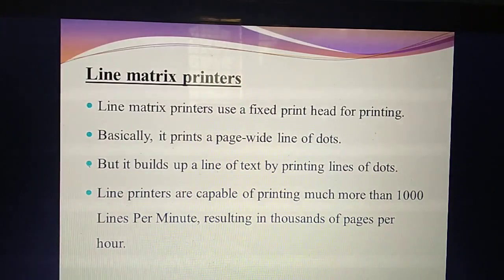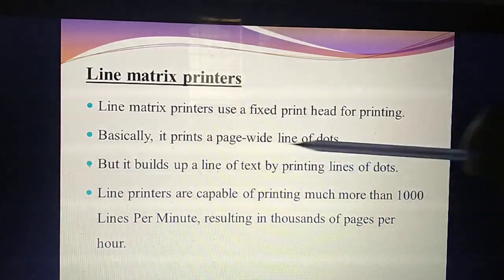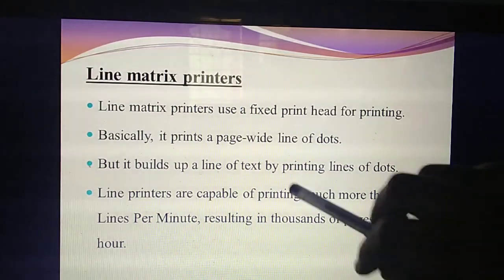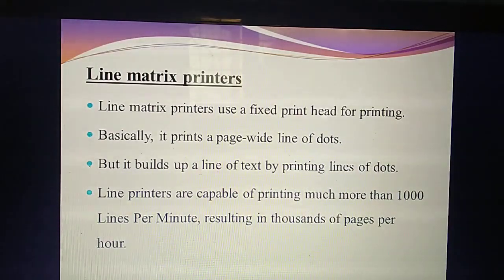This is also a kind of dot matrix printer, but it prints using lines of dots. The line matrix printer also prints the characters in the form of dots. It will print a line of text by printing lines of dots. Each line it will print by means of dots.